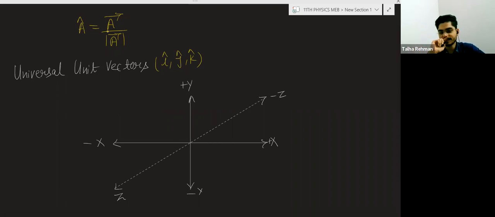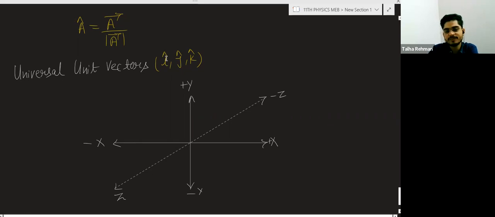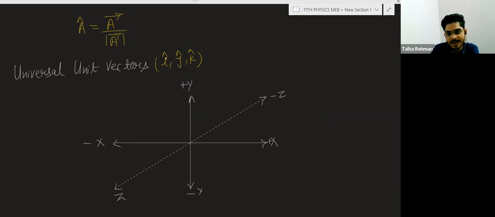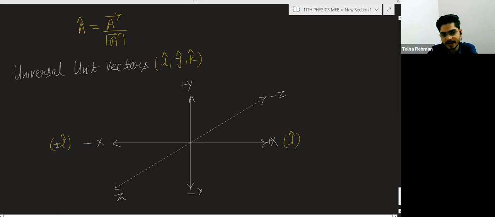But what is the speciality of these vectors? These unit vectors help us understand the direction of the vector, meaning in which direction the vector is going. This i cap vector always acts along the x-axis, and minus i cap represents the negative x-axis.